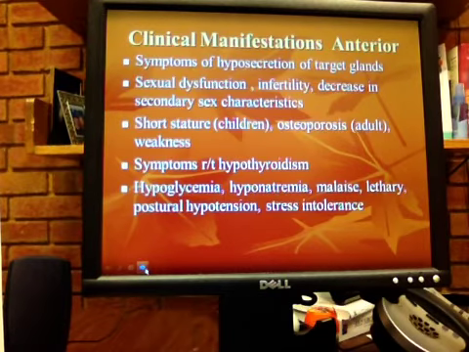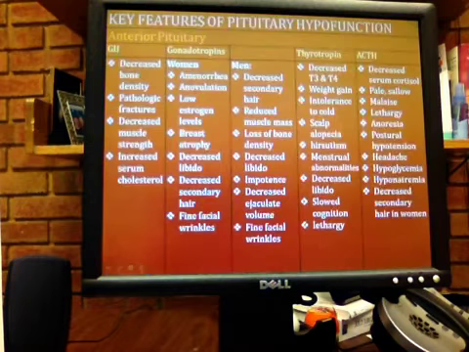The interventions are going to, look here. These are key features of the pituitary hypofunction, and these are the hormones of the anterior pituitary gland. Growth hormone, your gonadotropins, your thyrotropin, and your ACTH. So if you don't have these hormones, these are the symptoms that you can be looking for in patients as a result of the decrease in the target organ.